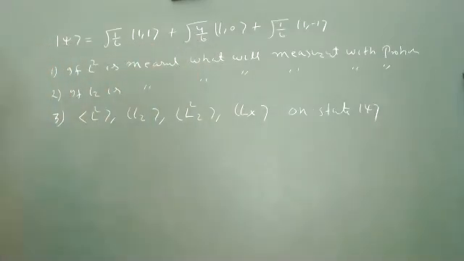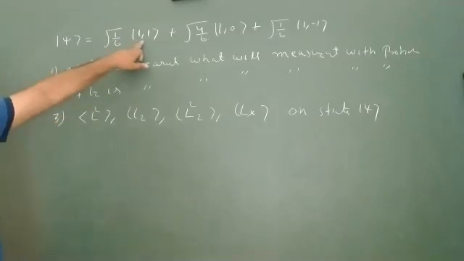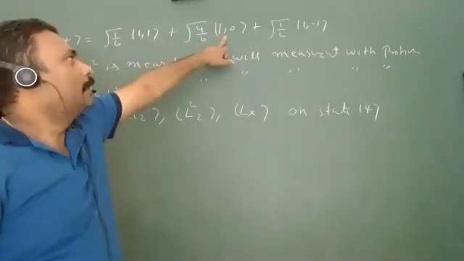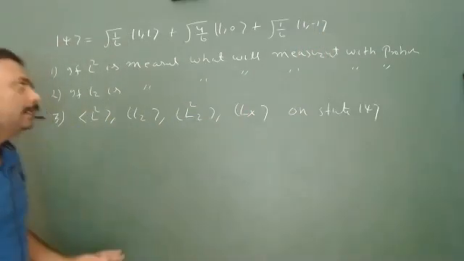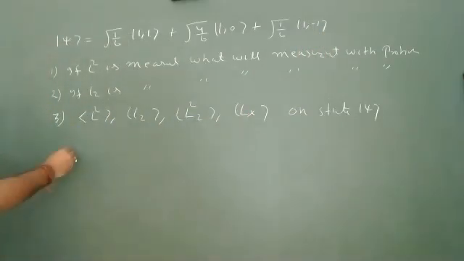So we will just calculate each and everything. If L square is measured, what will be the measurement? If you measure on this, you will measure 2h cut square. Even for this, 2h cut square, and for this too. So obviously every time you will measure 2h cut square.